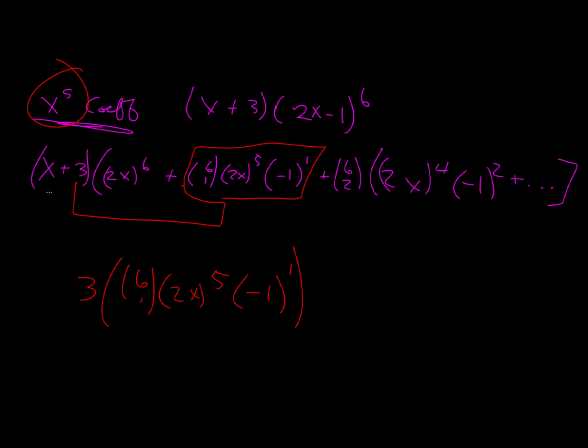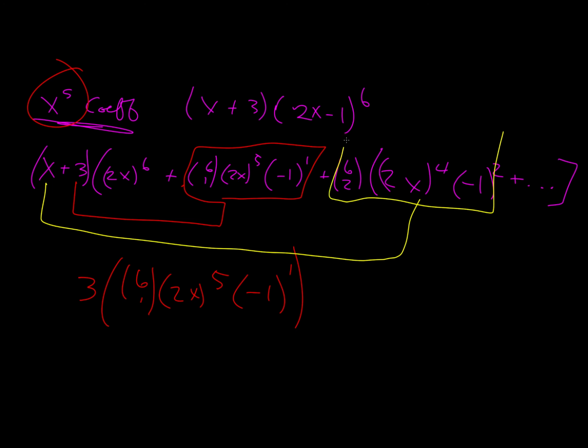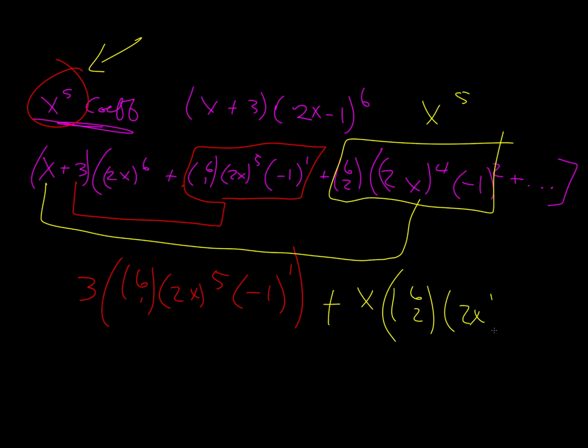Now, if I take this x and I multiply it by this x to the 4th, that's also going to create an x to the 5th, which is what I want. And so we'll need to add that together, but we'll get x times all of this stuff. Okay, now if we simplify this stuff, then we'll get to the answer that we need.